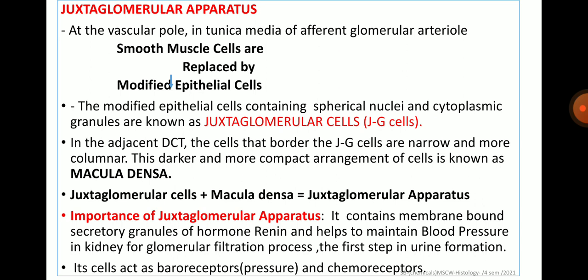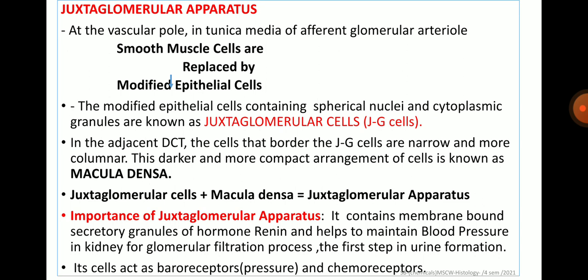The modified epithelial cells contain spherical nuclei and cytoplasmic granules, and these cells are known as juxtaglomerular cells, JG cells. So you can mention juxtaglomerular cells comprise spherical nuclei and cytoplasmic granules, and these are the modified epithelial cells.